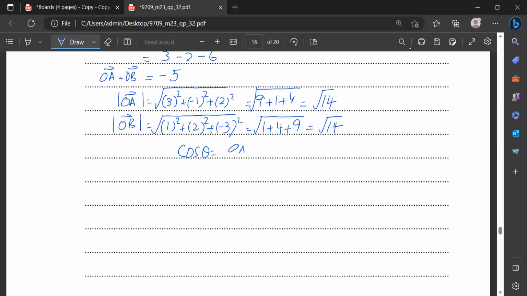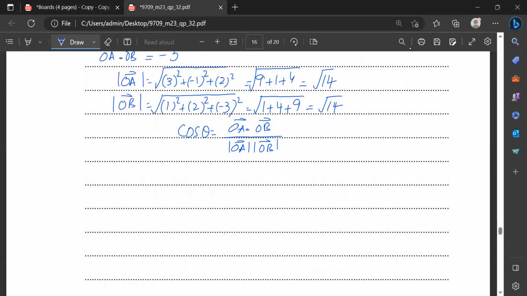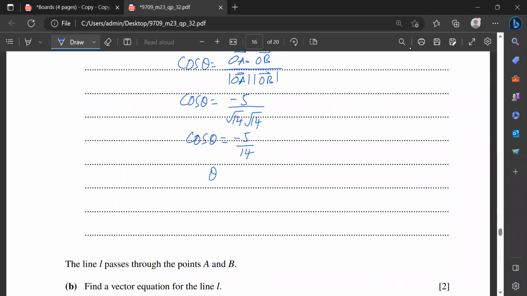So we have OA dot OB over OA magnitude times OB magnitude. This is the formula for the angle between OA and OB. So cos of theta is minus 5 over root 14 times root 14. Cos of theta is minus 5 over 14, and theta is cos inverse of minus 5 over 14.